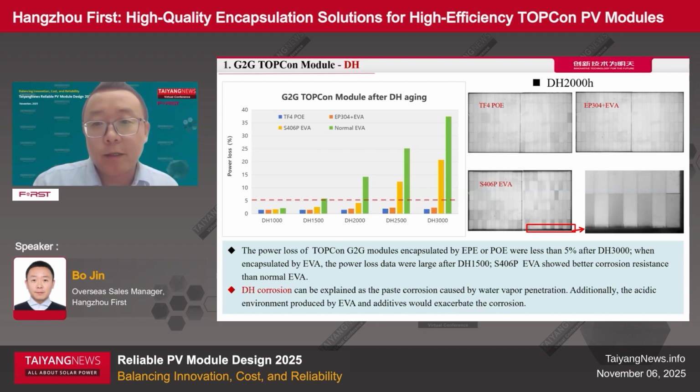And you can see from the EL pictures on the right side, the DH corrosion can be explained as the paste corrosion on the edges. And also the EVA emits acid, and this kind of acid environment inside the module can also contribute to the corrosion.